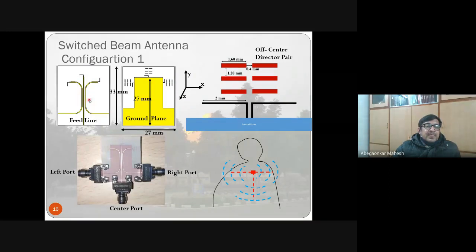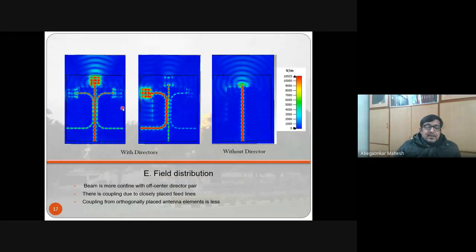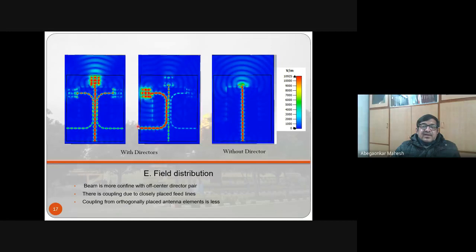So if I excite this element, the element on the left, the element on the right will not be excited much. Look at the color, red indicates maximum. So when the center is excited, there is coupling happening to the left as well as to the right. When the left is excited, there is coupling happening only in the center. Right, meaning there is very, very weak coupling.